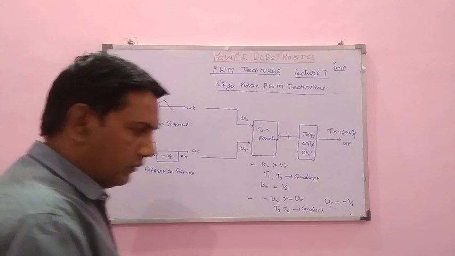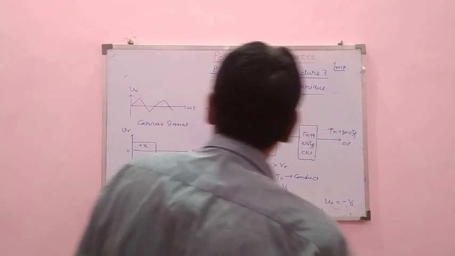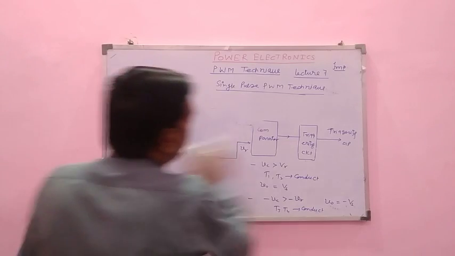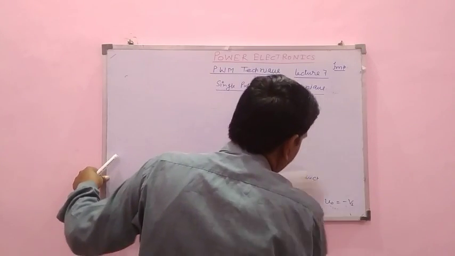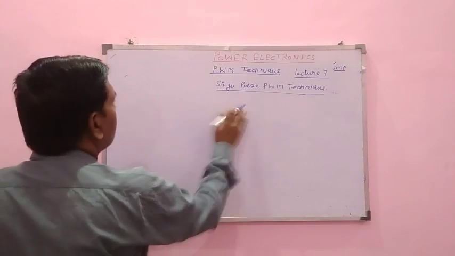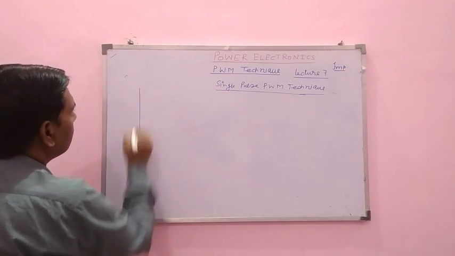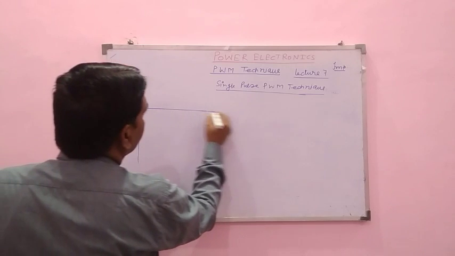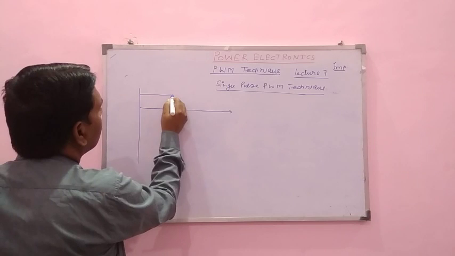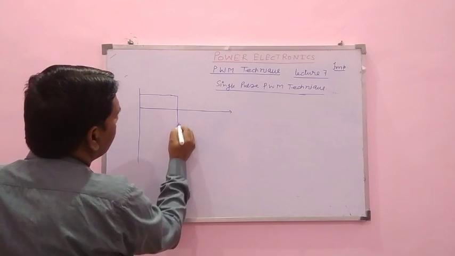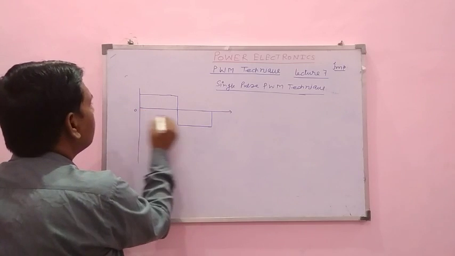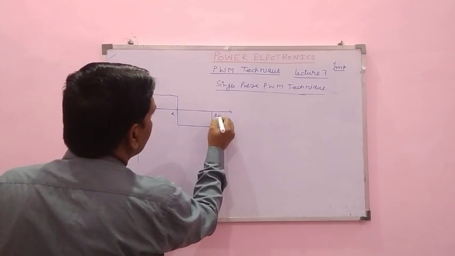Okay, now here we will see the one pulse, or single pulse PWM technique. This is the output voltage waveform. This is 0, this is pi, and this is 2 pi.